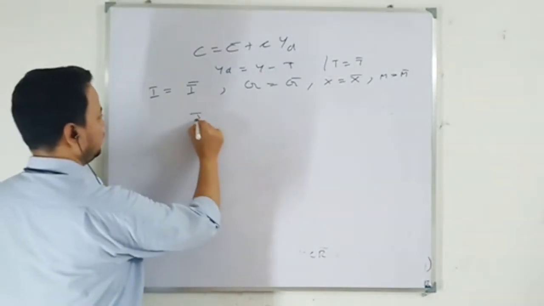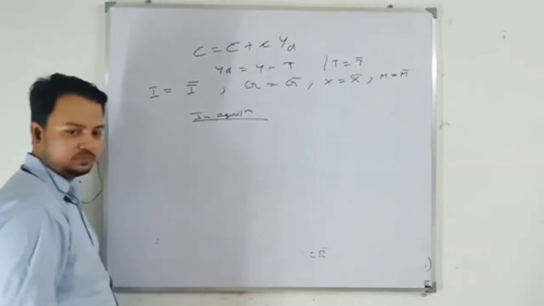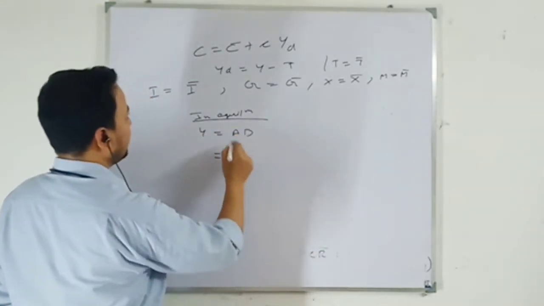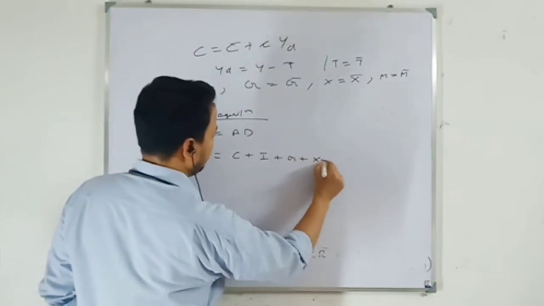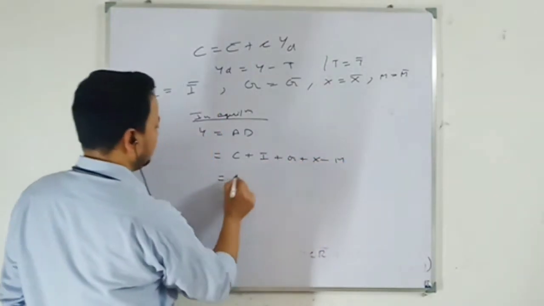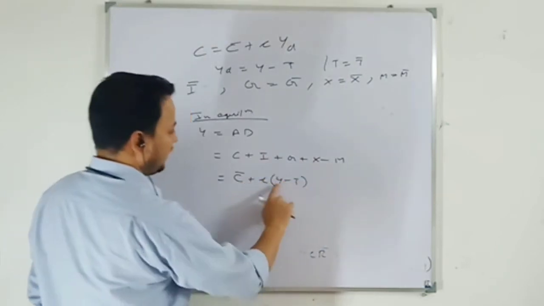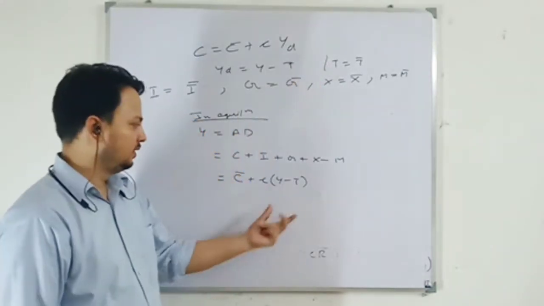So in equilibrium, y equal to AD. Aggregate demand is c plus I plus g plus export minus import. This will be c bar plus small c y minus t. I am writing here directly because I don't have a small t term, so it will be easy.